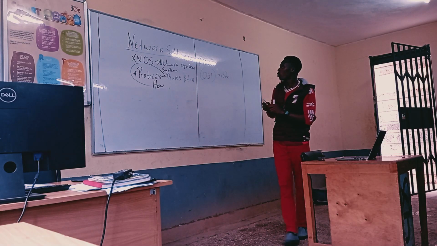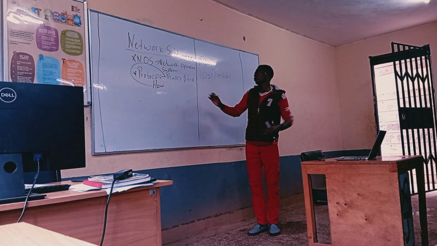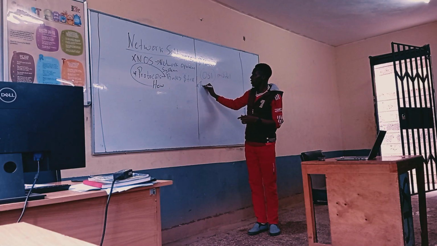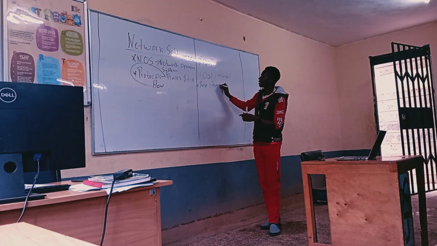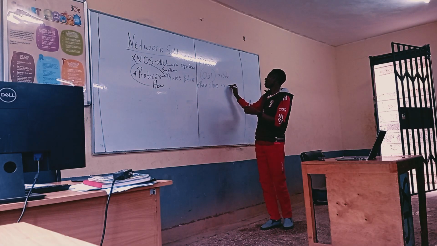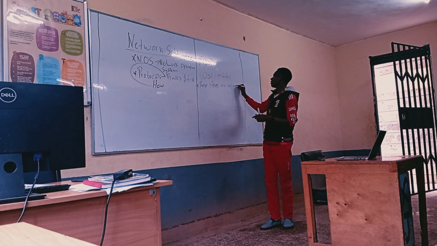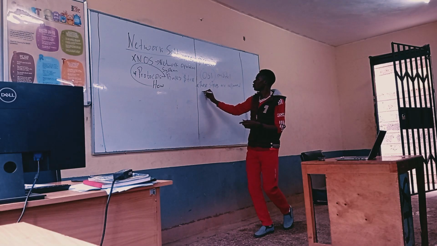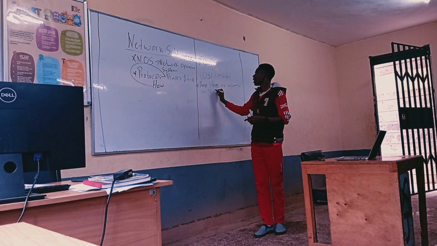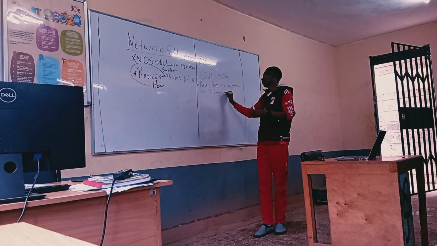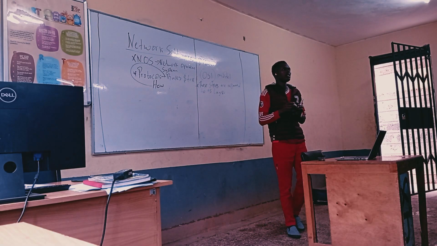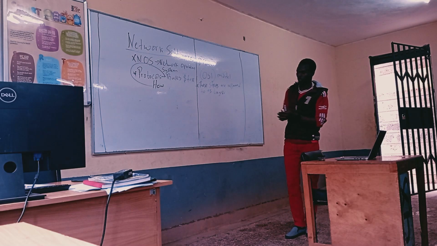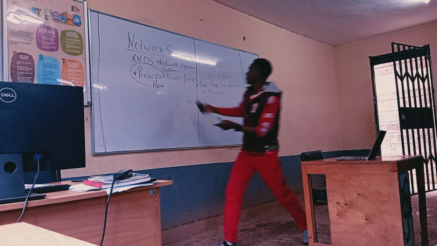These steps are called layers. Another statement we write as we continue: these steps are referred to as layers. So we have layers in these network protocols, and these layers are key.